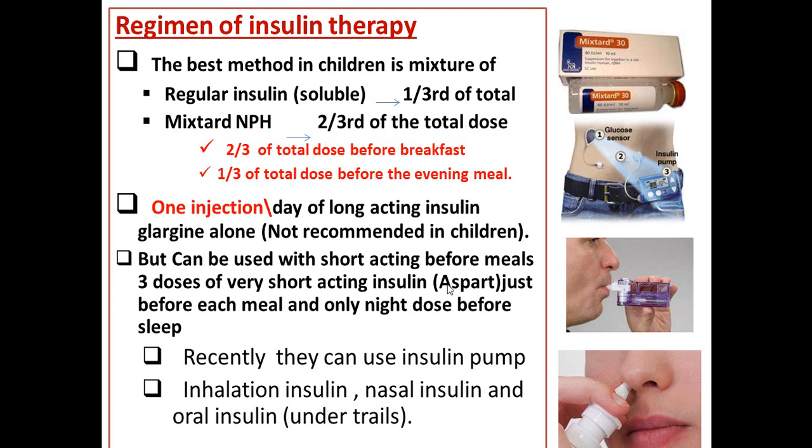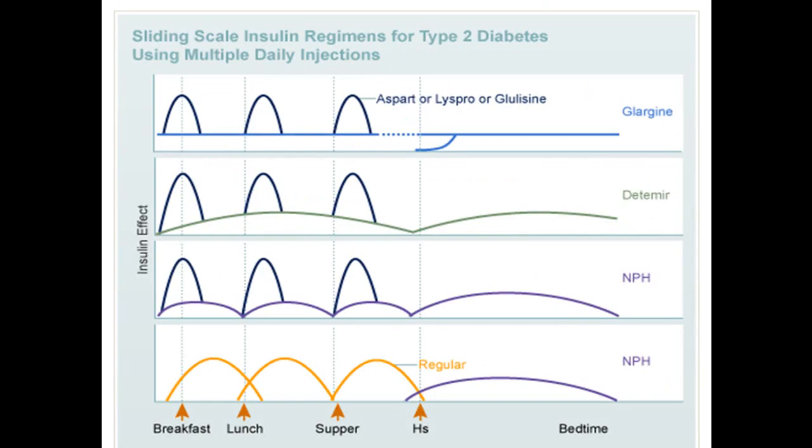It should be given 3 times per day, immediately before meals, with an additional night dose of glargine at night. As we know, recently they can use an insulin pump, and it is used here in Iraq. And there is inhalation insulin and nasal insulin and oral insulin. But these are not used in pediatrics and they are under trial.